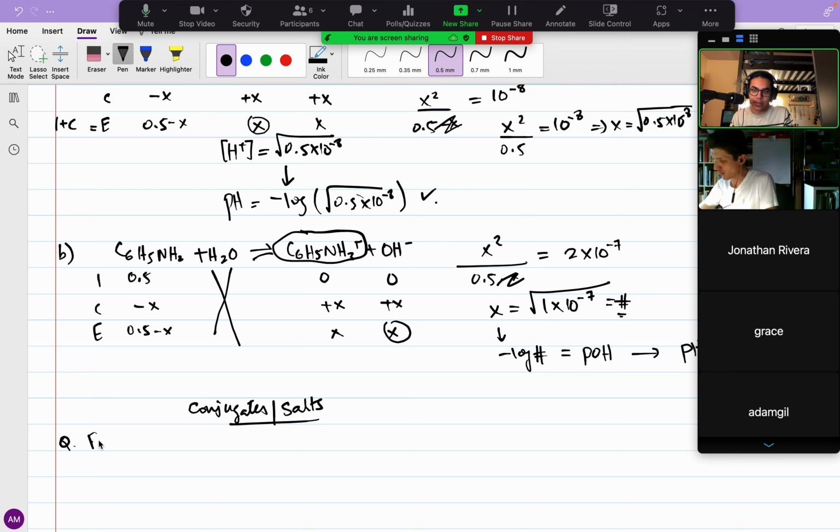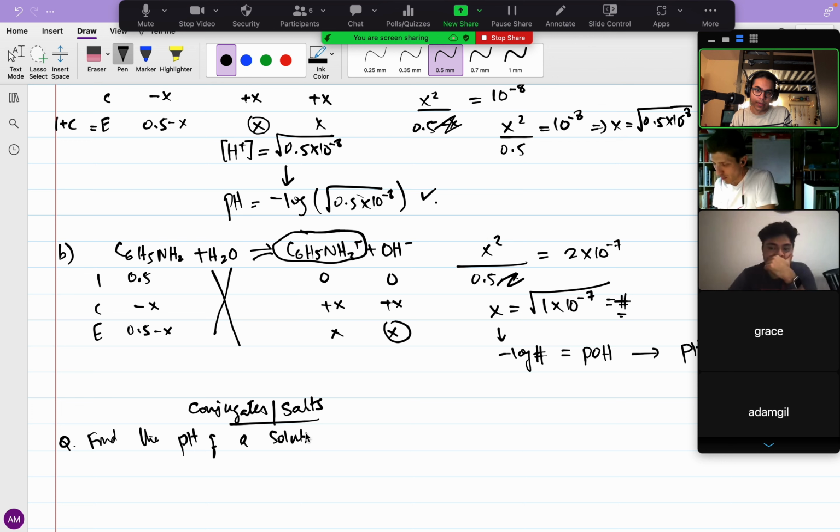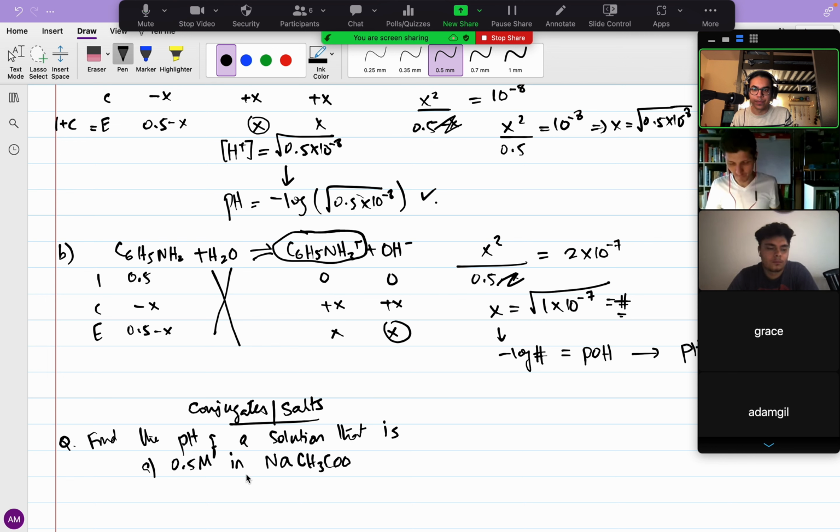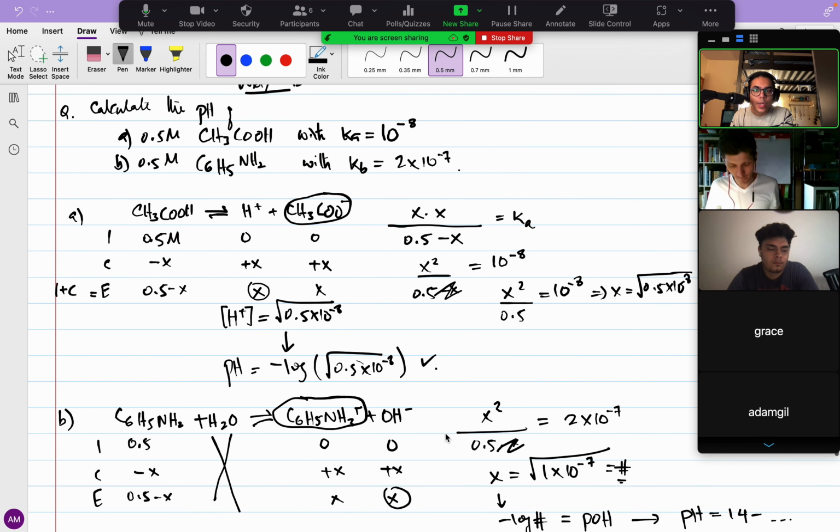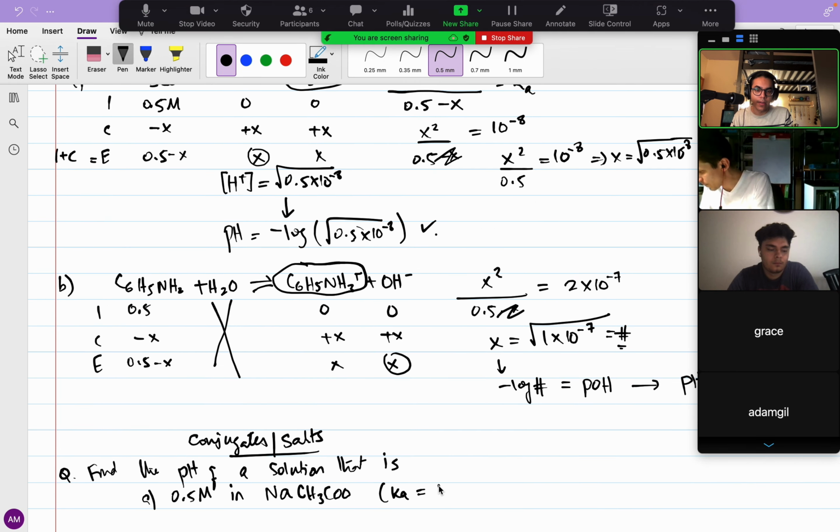So question, find the pH of a solution that is 0.5 molar in NaCH3COO where Ka is the same as before, which I made 10 to the negative 8.